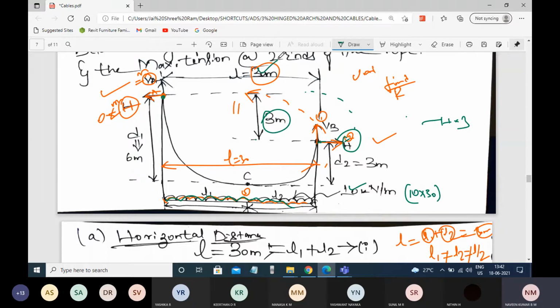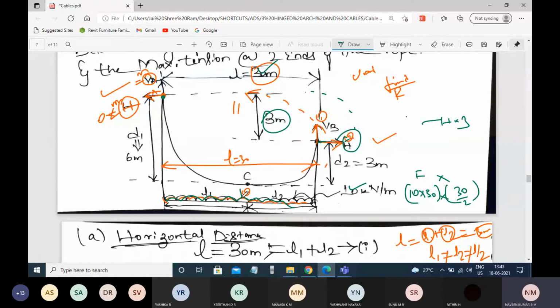So 10 times 30 is your force, and the perpendicular distance is half of the length of the UDL. So that is 10 times 30 times 30 divided by 2.